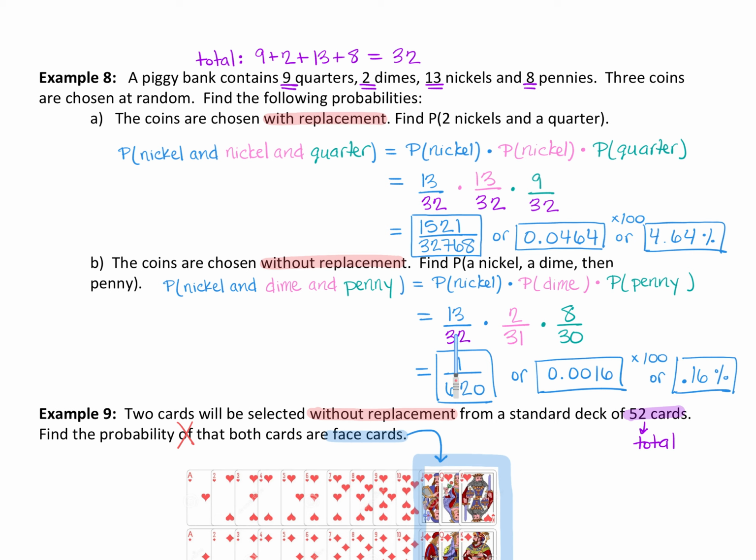And so the amount of coins in the piggy bank changes, right? You start with 32 coins, you draw one out, you don't put it back in, so now you have 31 coins in the bank. You draw another coin, you don't put it back in, so now you have 30 coins left in the piggy bank. So your denominator changes without replacement when you don't put it back in.